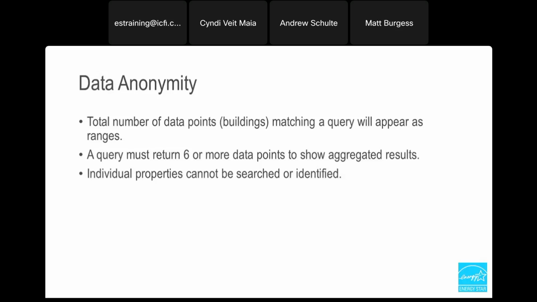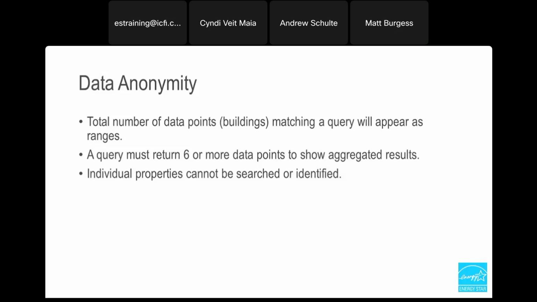So to support this, as you will shortly see, when you run a query in the tool, the tool is not going to tell you exactly how many properties were included in that particular data set. Rather, it's going to give you the number of observations as a range, right?